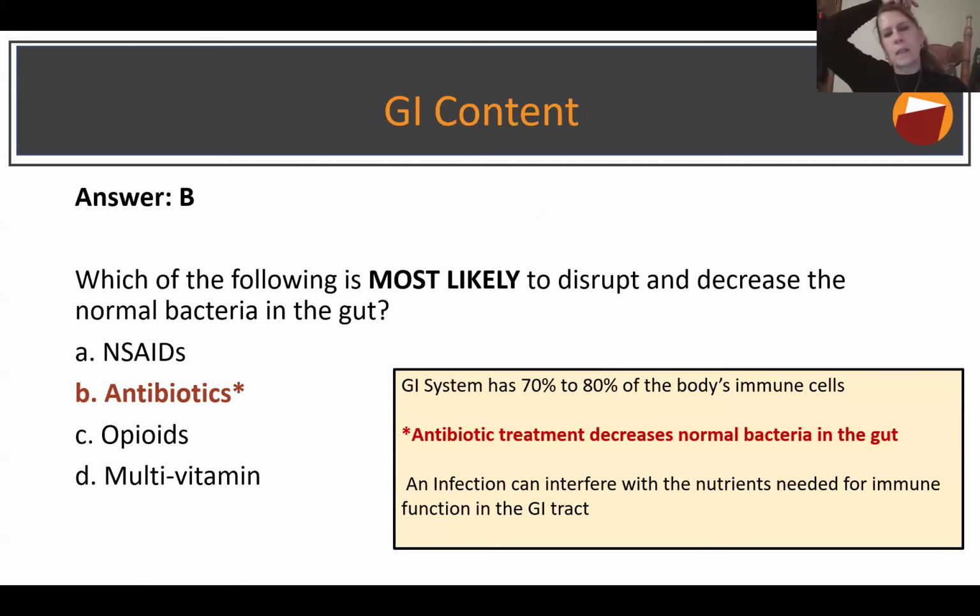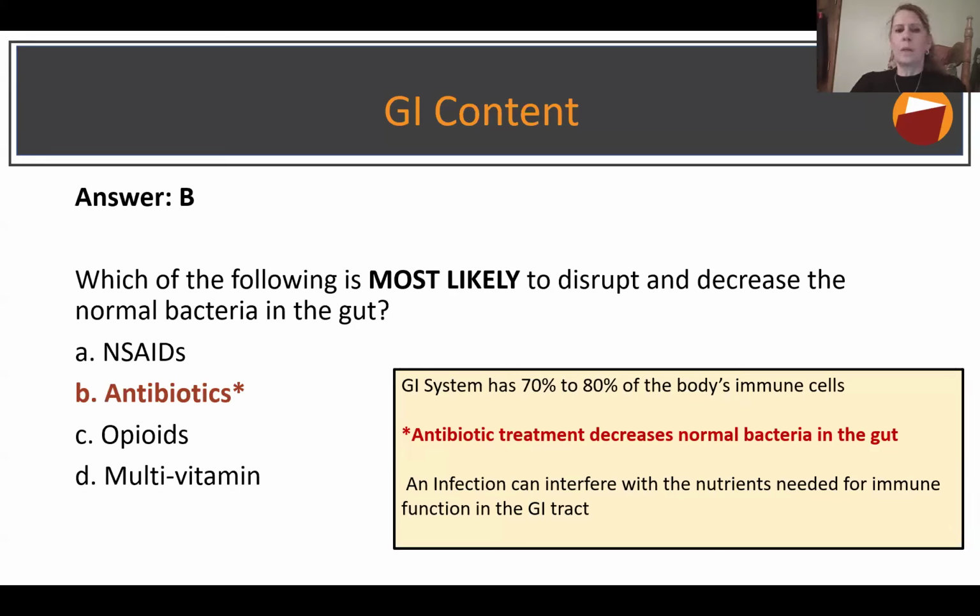So our GI system is made of a lot of our body's immune cells, like 70 to 80% of the body's immune cells. And so when somebody, and this is a lot of our patients, right? They're on antibiotics, and maybe they're on several different ones, or they've been on them for a long time. It then starts to decrease the normal bacteria in the gut. And so then they can start having GI issues.